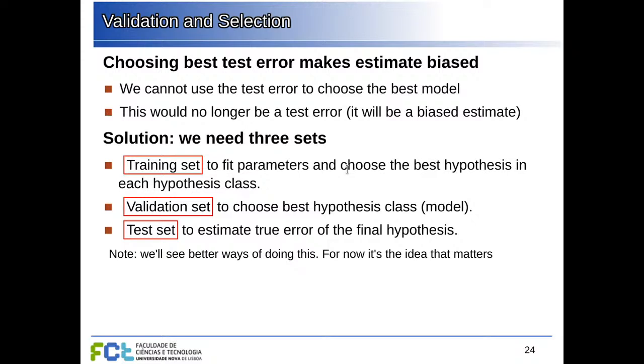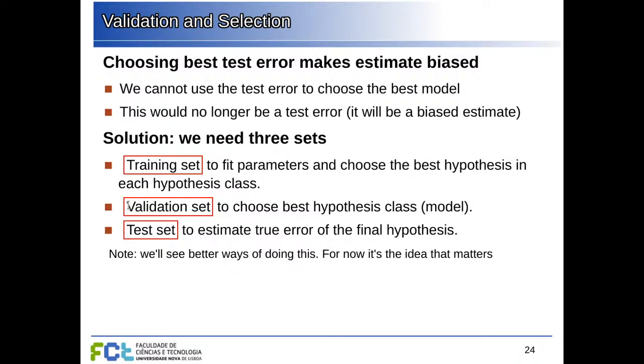But then, at the end of the process, we need to have an estimate of how good this hypothesis is at predicting new values. So to do that, we use the test set to give us an estimate of the true error. But this has to be at the end when everything is done, because we cannot use the test error to choose something. If we do that, we are biasing the result.